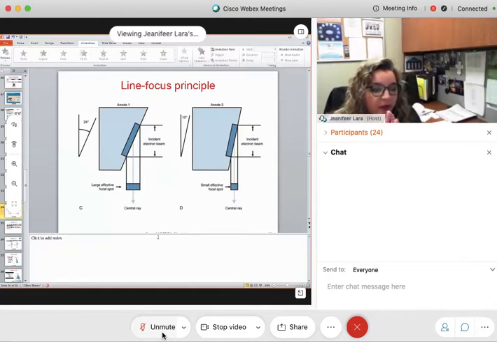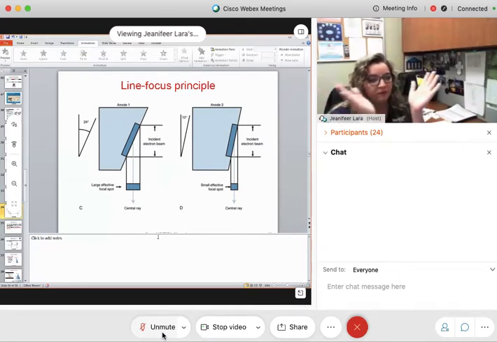So again, the actual focal spot is where the electrons interact with the target. What energy conversion takes place? Heat, which is dissipated by the spinning anode. X-rays, which are now in the path of the effective focal spot.